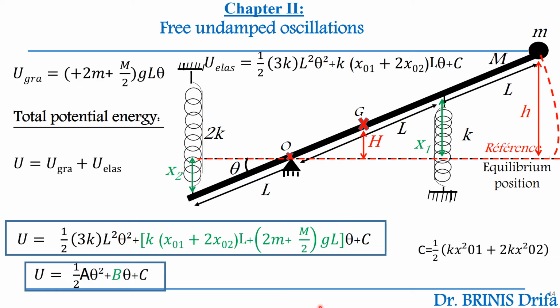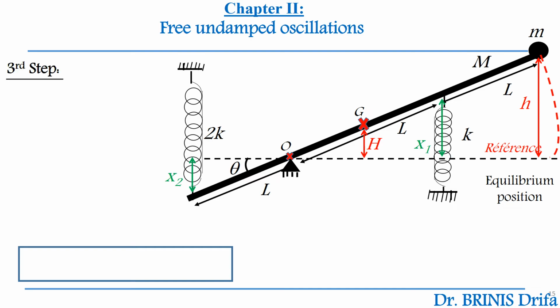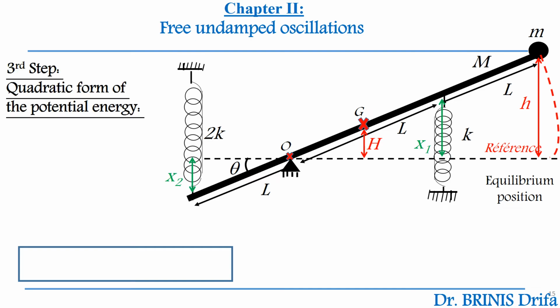Now, since the main important term is half A theta square, we need to cancel the B theta and put our U in its quadratic form. That we will see in the next slide. So the third step is the quadratic form of the potential energy, and we use the condition of equilibrium.